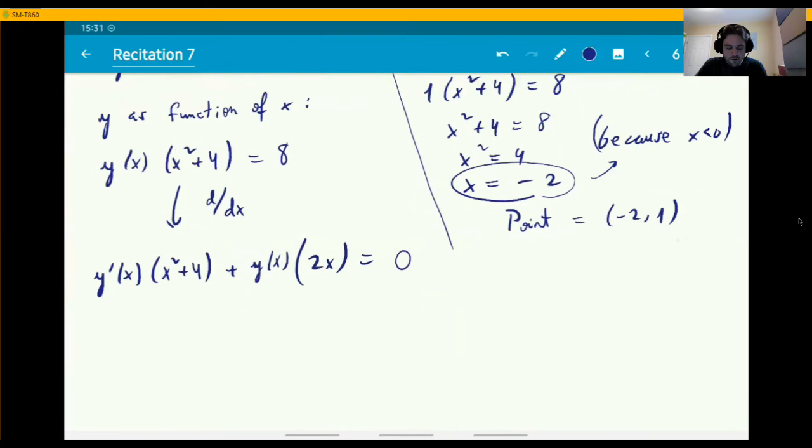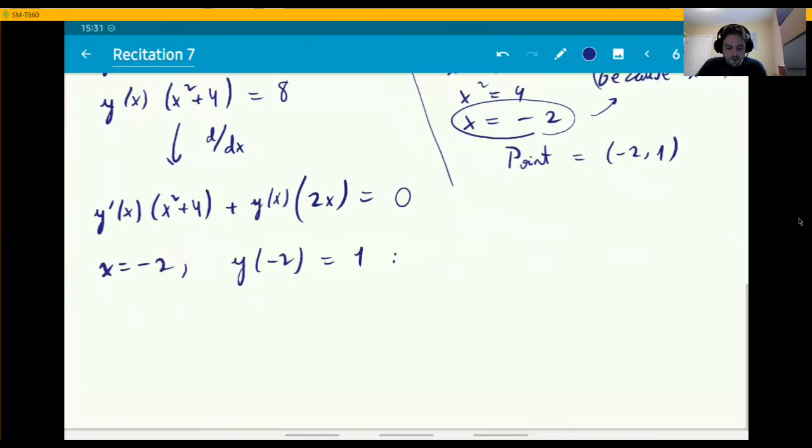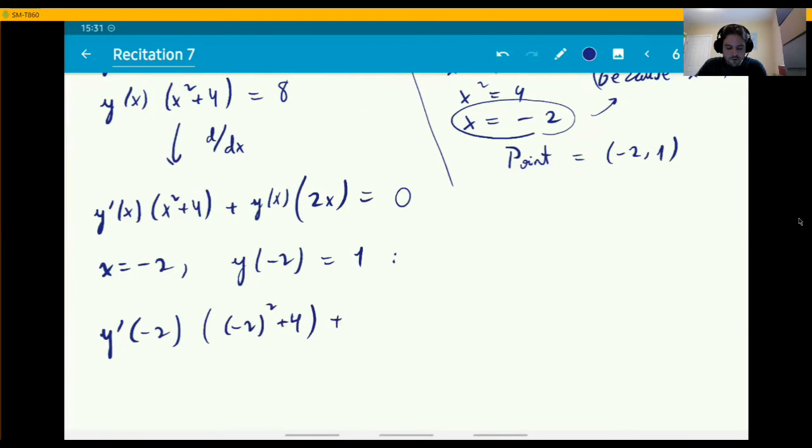But now we can plug in the specific point that we have, negative 2 and 1. So if you do x equals negative 2 and the y value, y of x is 1, this becomes y prime of negative 2 times negative 2 squared plus 4, plus this y of x here is y of negative 2, which is 1, and then 2 times x equals 0.